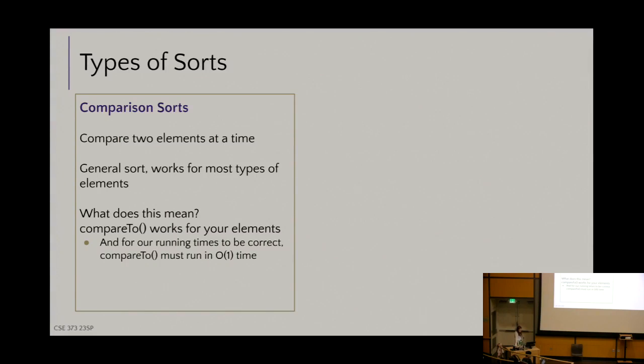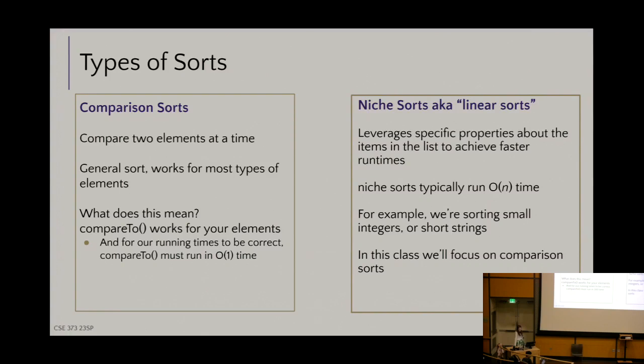So we are going to be talking mostly about comparison sorts. Comparison sorts are the type of algorithm that can be used to sort items of any kind, meaning items that implement the comparable interface. So they could sort integers, they could sort strings, they could sort student objects if they implemented compareTo.